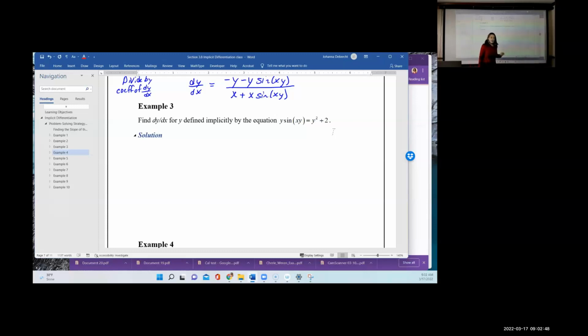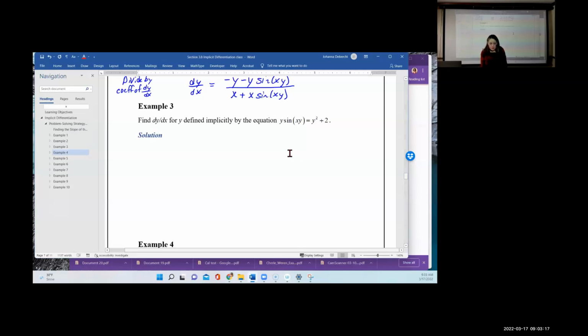There's no way, in fact, to solve this one for y alone, because you've got y inside of the trig function and you've got y outside the trig function in two places. So there would be no way to solve this one for y. It's simply impossible. I have no idea what this looks like. We might graph it just for fun to see what it looks like. But in the meantime, let's see what we can do to find the derivative of it.